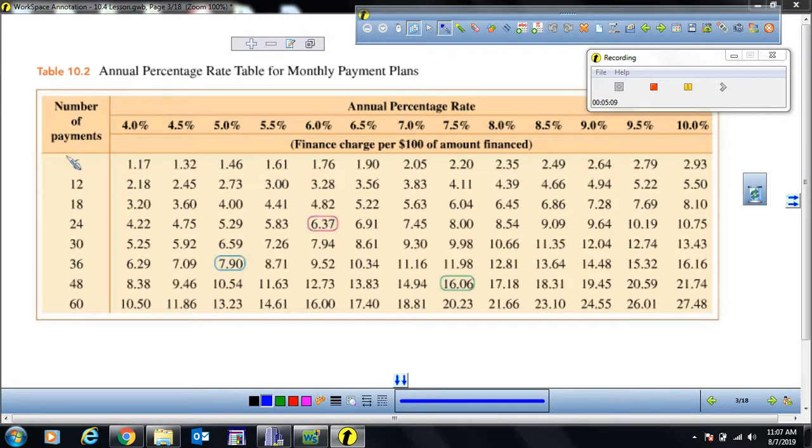On this table, the column on the left-hand side is the number of payments, so how many months you have to pay, and on the row at the very top, those percentages are the annual percentage rate, the interest rate that you're going to be charged.